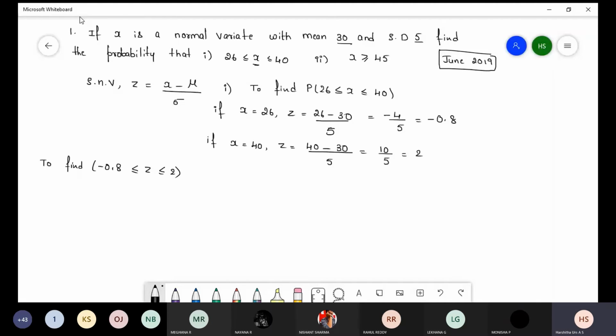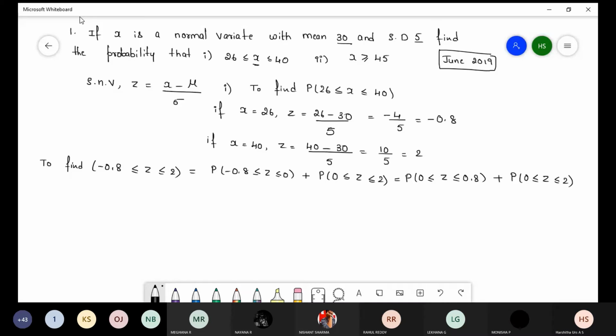That is equal to, use the formula P of minus 0.8 less than or equal to Z less than or equal to 0 plus P of 0 less than or equal to Z less than or equal to 2. For the first term we have to use the symmetric property: P of 0 less than or equal to Z less than or equal to 0.8, plus the second term we write as it is.